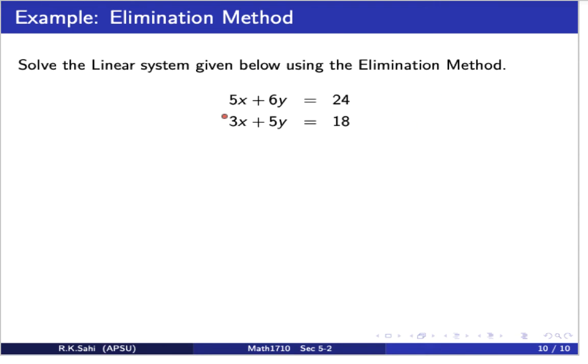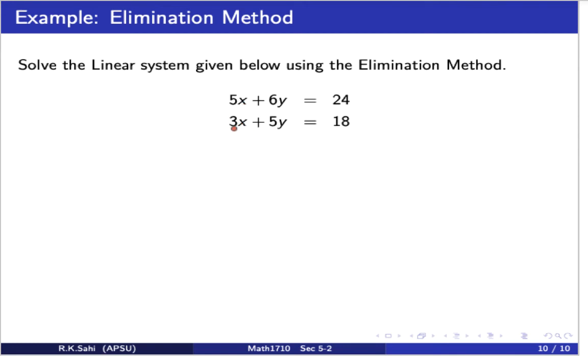We have to cancel one of the variables. You can either do x or you can do y. It does not matter because in both of them you will have to do one more thing, because both of the variables have positive signs. You will have to multiply one of the equations by a negative.